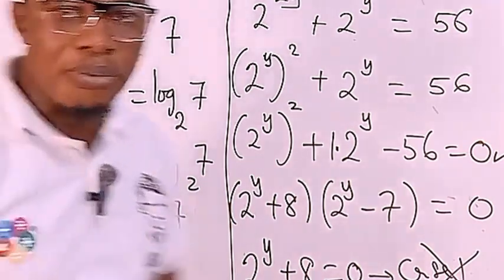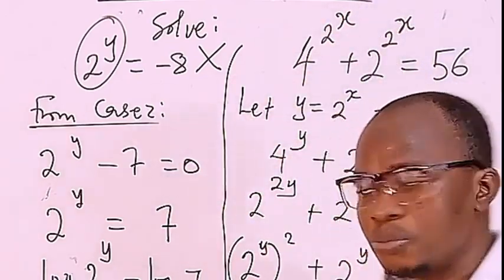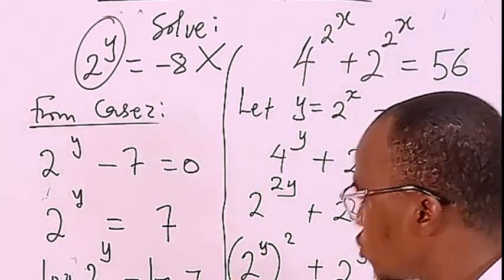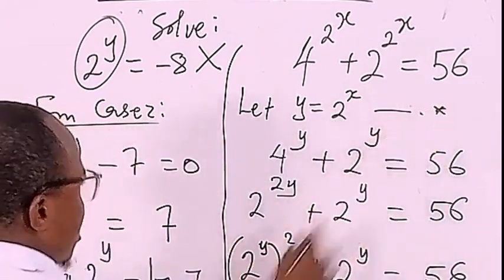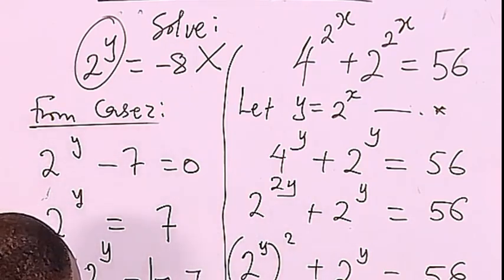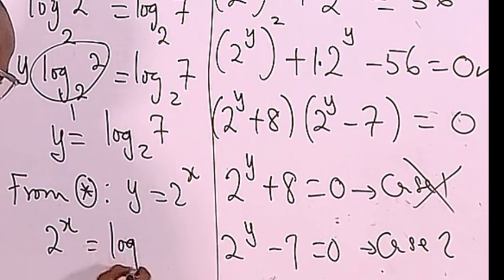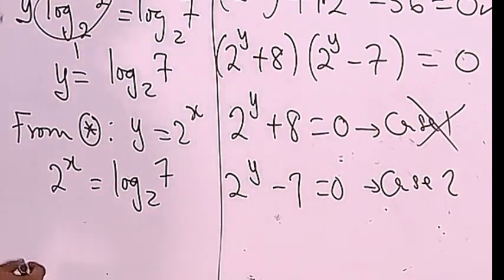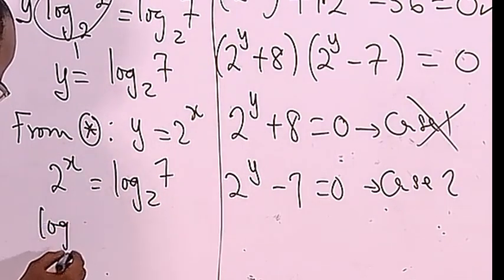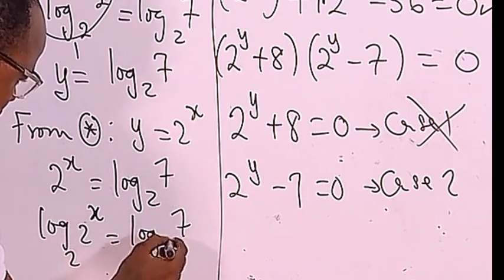But you don't have to stop here, because our original variable is x, not y. So you need to go back to the star, where we have y equals 2 to the power of x. It means that 2 to the power of x equals log 7 base 2. So we are going to introduce logarithm again: log base 2 of 2 to the power of x equals log base 2 of log 7 base 2.